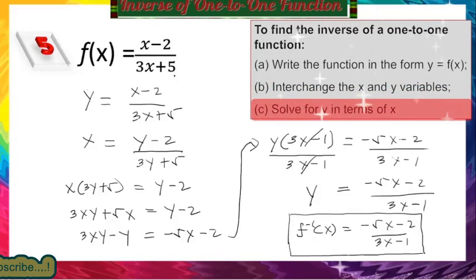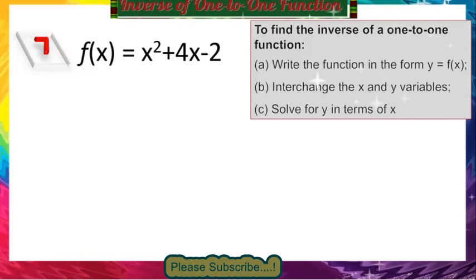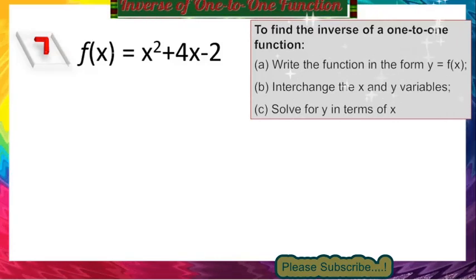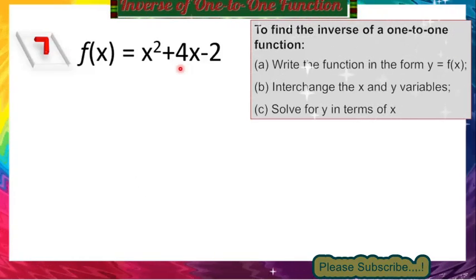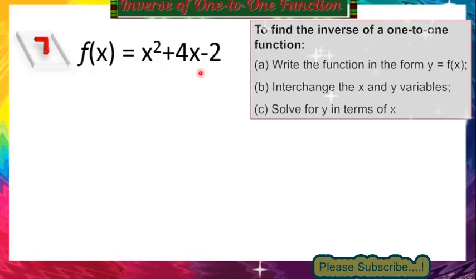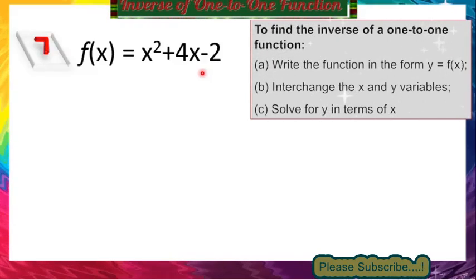next example is f of x equals x squared plus 4x minus 2. As you notice from the given example, our highest exponent for this example is 2, which means that this is not a one-to-one function, because a one-to-one function only has a greatest exponent which is an odd number.